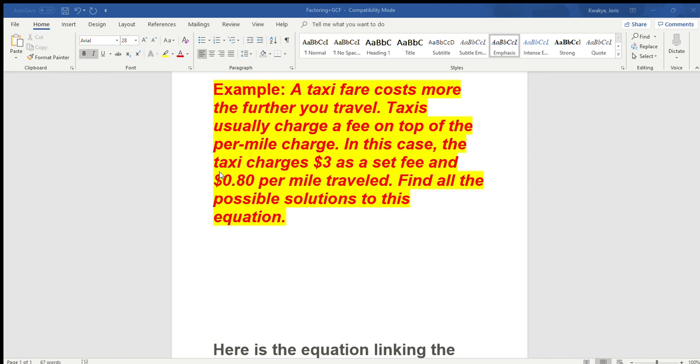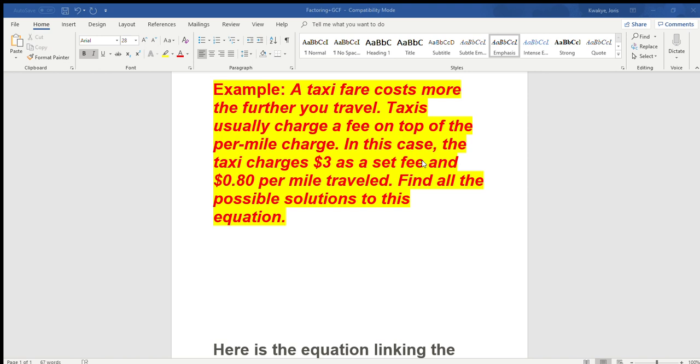So what we want to do is write an equation that expresses the total cost as a function of x. In other words, write an equation that you can use to calculate the total cost based on whatever x happens to be, right?